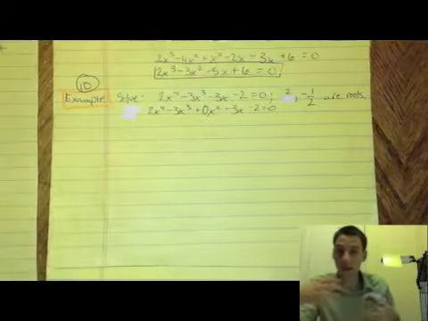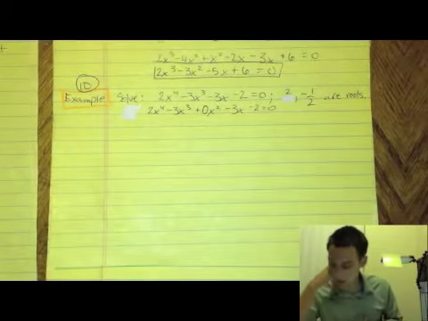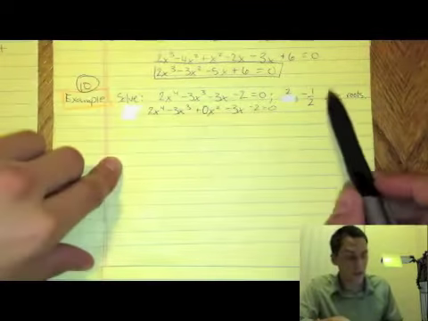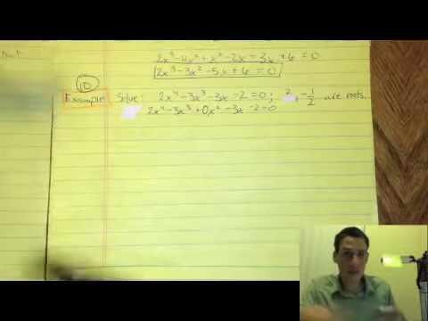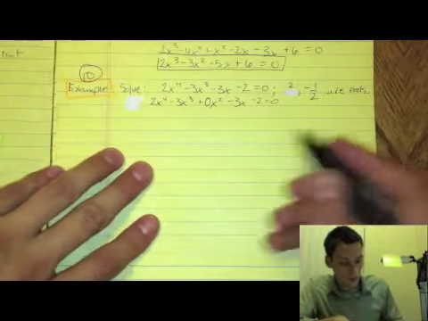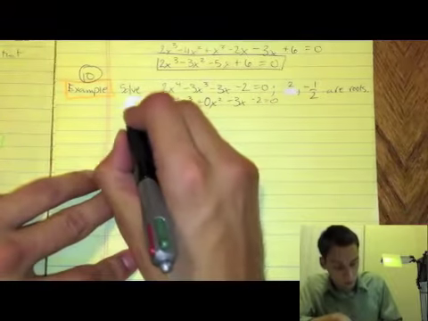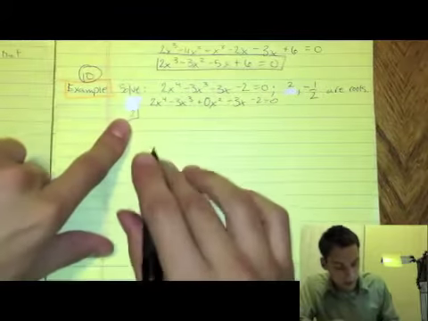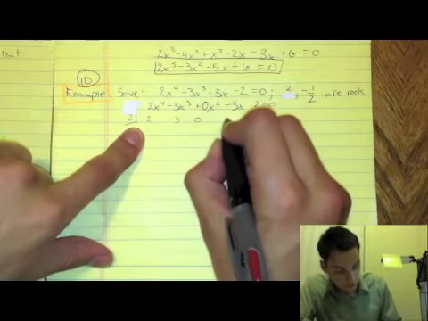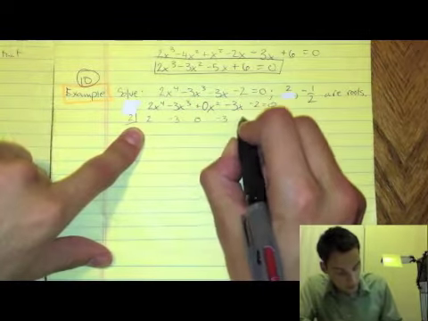Now I can do synthetic division to reduce my polynomial equation to a 3rd degree, and then I'll use the other root to a 2nd degree, and then maybe quadratic formula or factoring will work out. So here I'm going to do synthetic division with 2. I'll have 2, negative 3, 0, negative 3, negative 2.